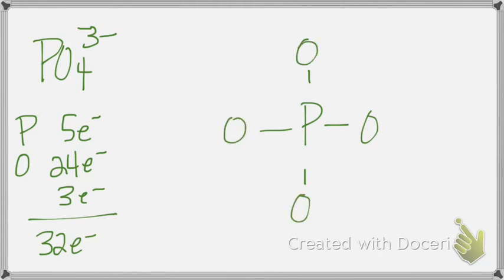Then we're going to go and give oxygen its 8. All right, let's count that up and see if there's 32. Who can count by 2s really fast?